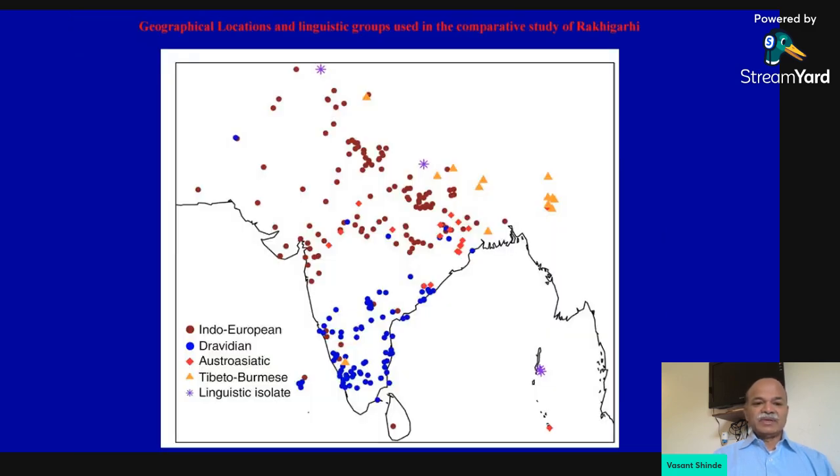Then we also did the sampling of the modern population, because if you really want to understand the continuity of the DNA or the genetic history, you need to compare with the modern population also.